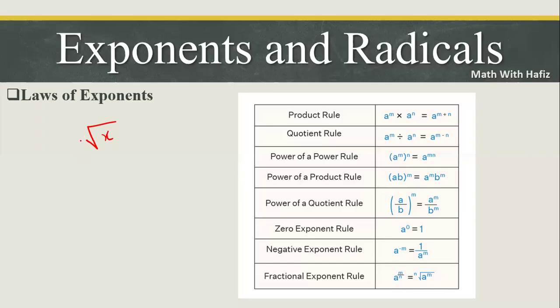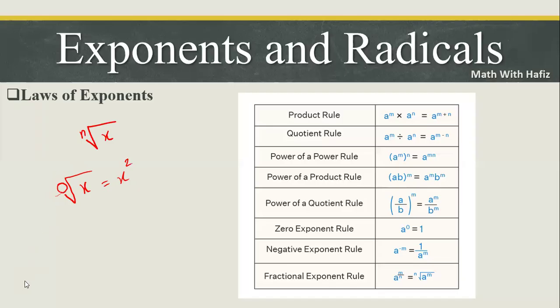And if I want to write a radical of nth root, I will just write an n. If there is nothing here at the top, I just circle it to show that there is nothing. So this is a radical with 2 power, so it will be equal to x to the power of 2 if it is just like this.